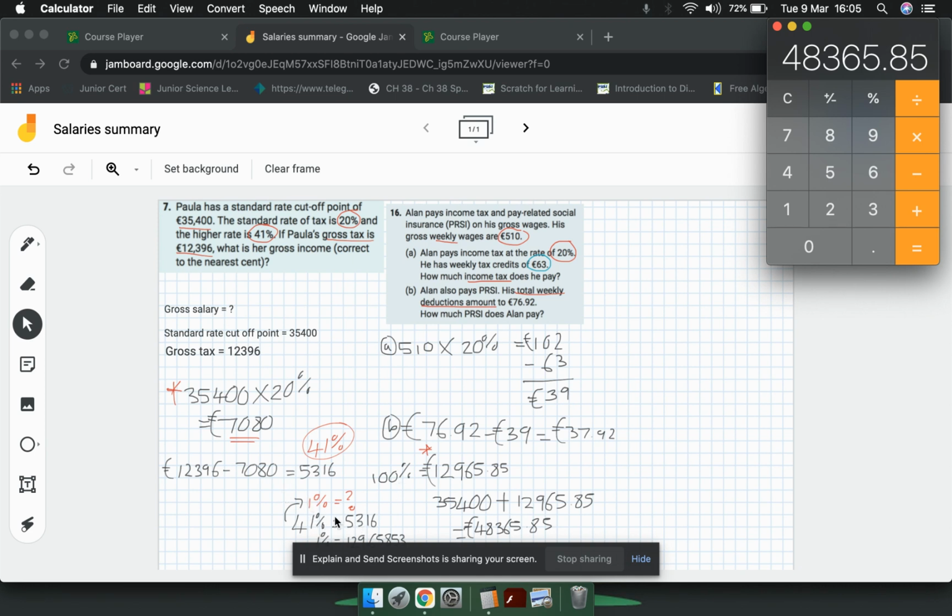So I divided by 41, and I got 129 point, well, I can't even read that down the bottom, guys, sorry about that. Then I multiplied by 100, and I got 12,965.85 to figure out what 100% was worth. In other words, what was the 100% of the income above 35,400 euro? You just add this up together to get her gross salary. So guys, that was question 7. Hope that makes sense.